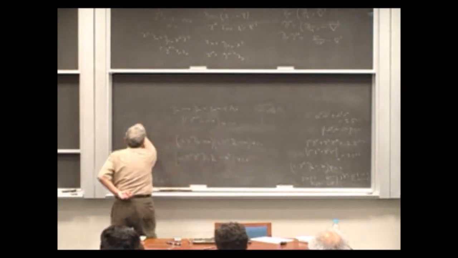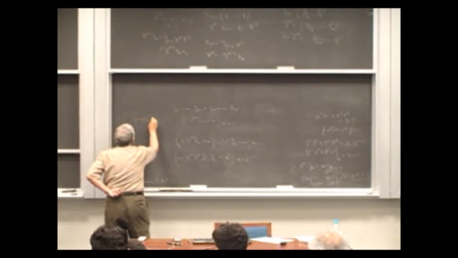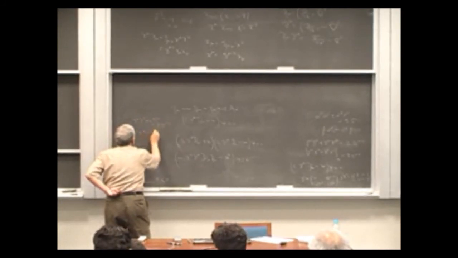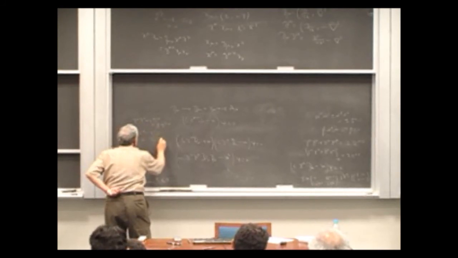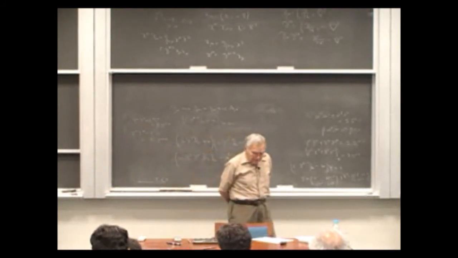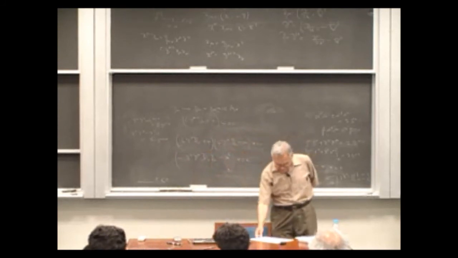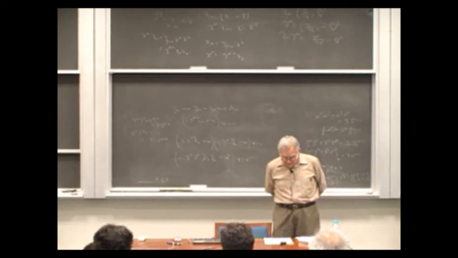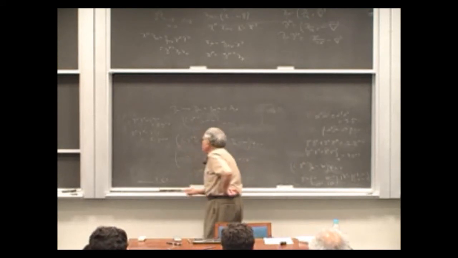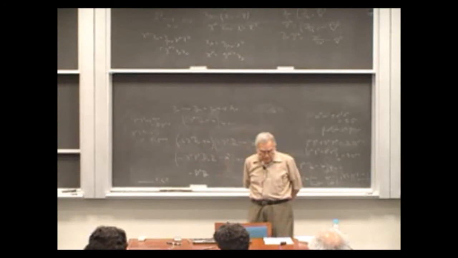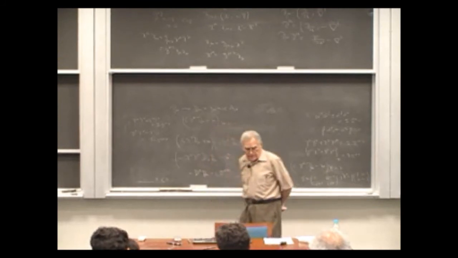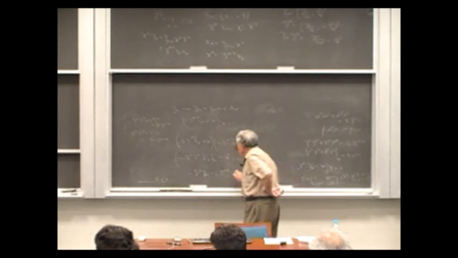Now if I use these 2 things, I can express this in terms of these 2 variables, and then what you get is minus one minus i sigma mu nu and you have the D mu D nu.